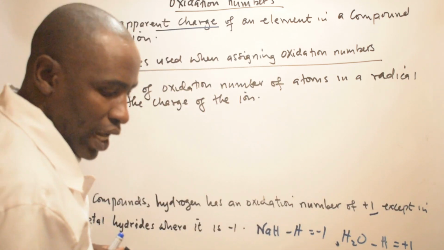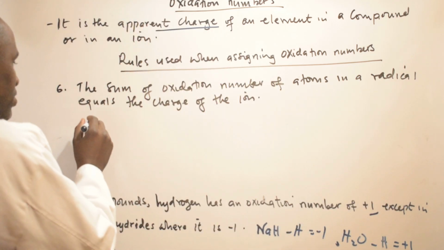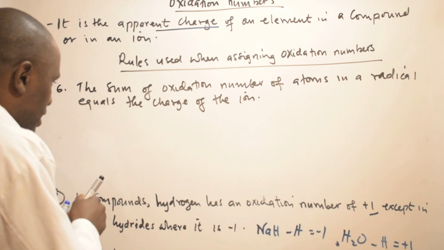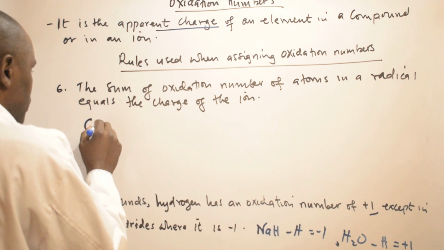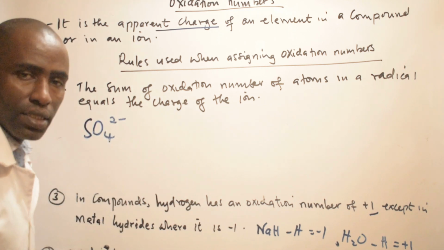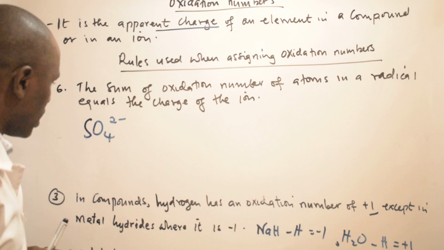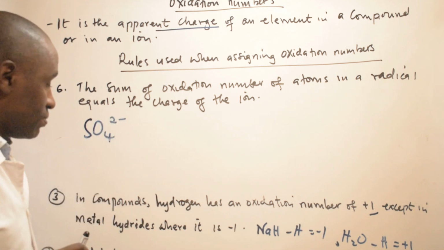Now, if we talk about an ion with more than one element, for example, think about something like a sulfate. This sulfate has a charge of 2 minus.